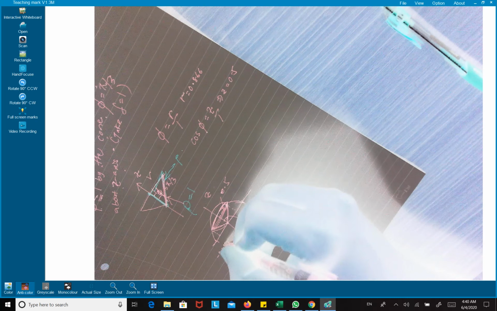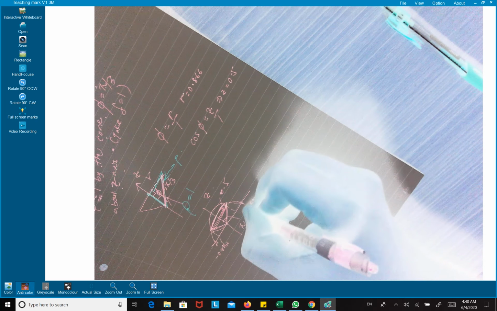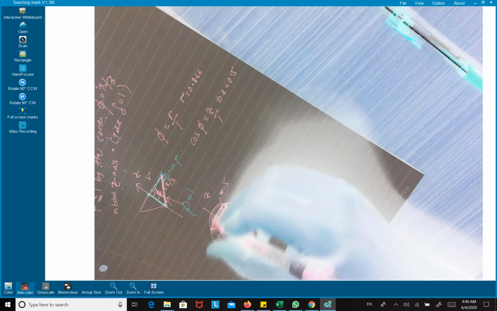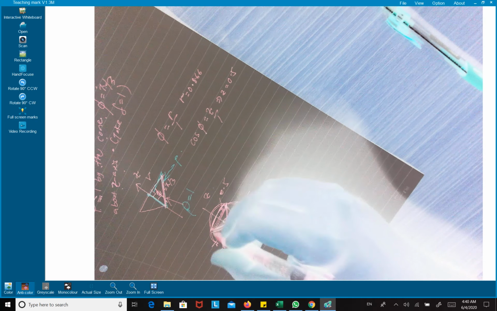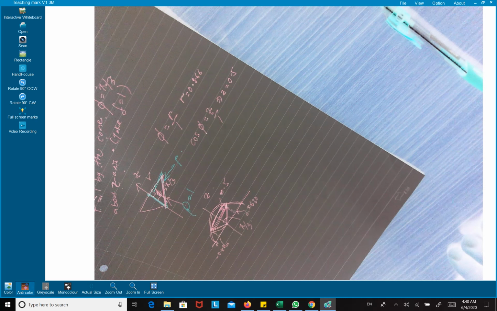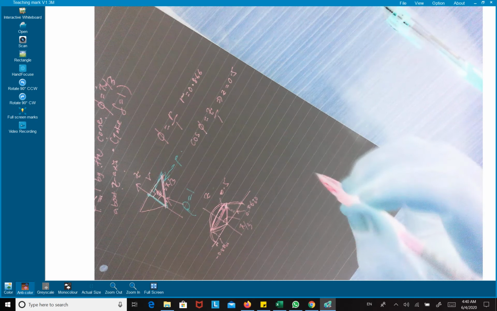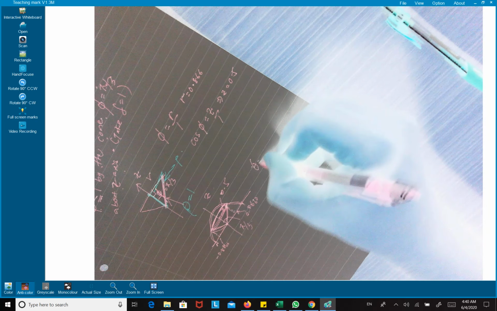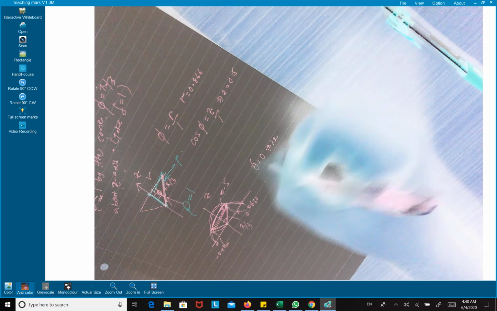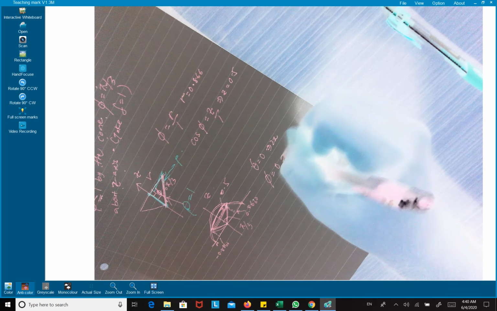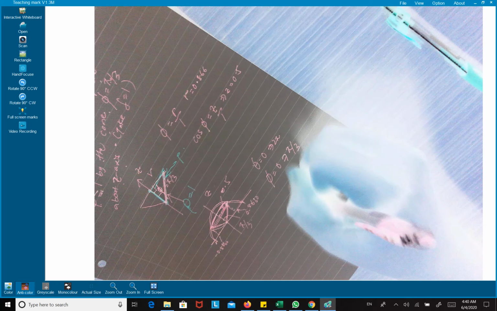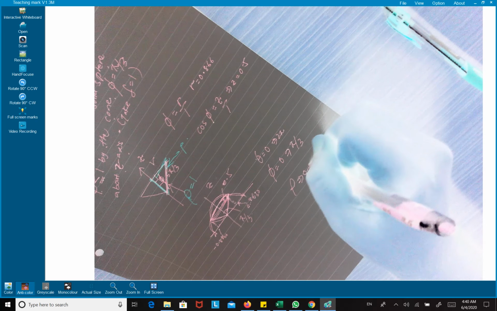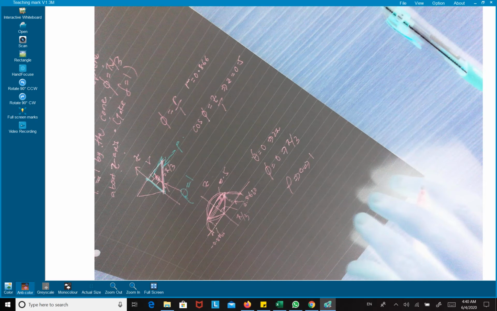From this curve, theta is from 0 to 2 pi, phi is from 0 to pi over 3, and rho is from 0 to 1. So this is a spherical coordinate question.